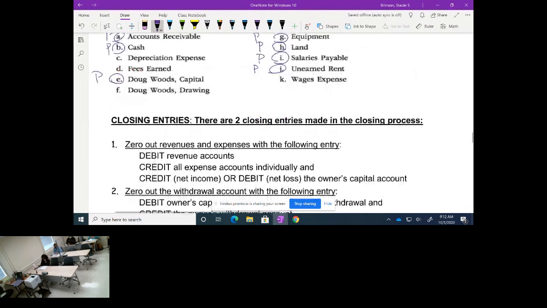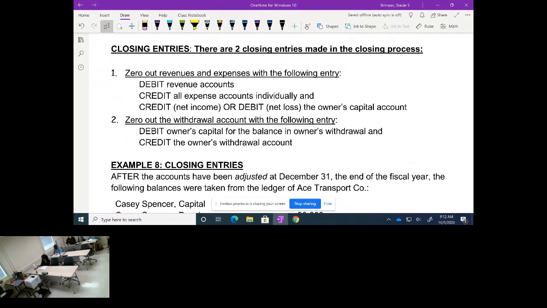All right, so there's 2 closing entries. This is super important. Memorize it and brand it in your brain because this gets very confusing for some folks. It's really not hard. It's just a little backwards from what we're used to doing. So you just need to think about why we're doing it and what we're doing.